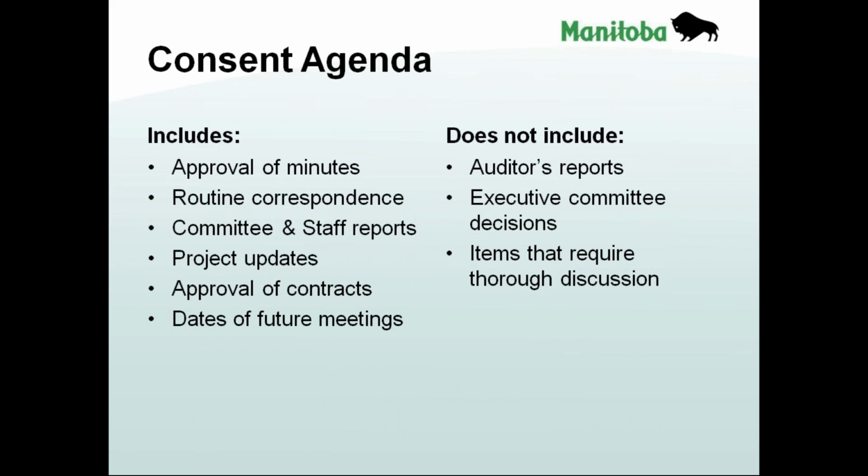What can and cannot be included in the consent agenda? Recall that consent agenda items are those that are routine and mostly informational. Here is a listing of appropriate items to include.